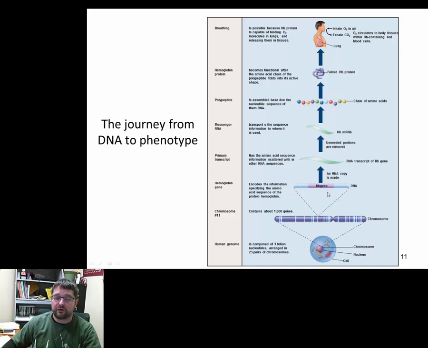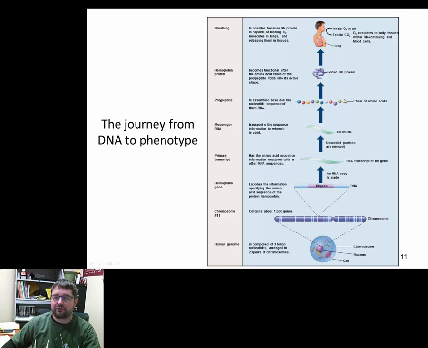Well, one of those genes, and we're talking about hemoglobin here in this diagram, is what we call the HB gene, or the hemoglobin gene. That's going to be copied by RNA, so you make an RNA copy of it that can then leave the nucleus. That RNA copy will then encounter ribosomes, and through transfer RNA and some other things, which we'll get to, the amino acid sequence that corresponds to this RNA code will be laid down.